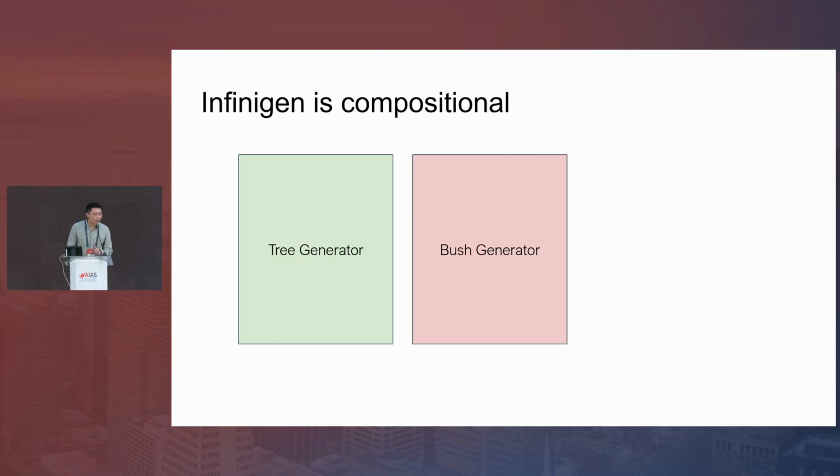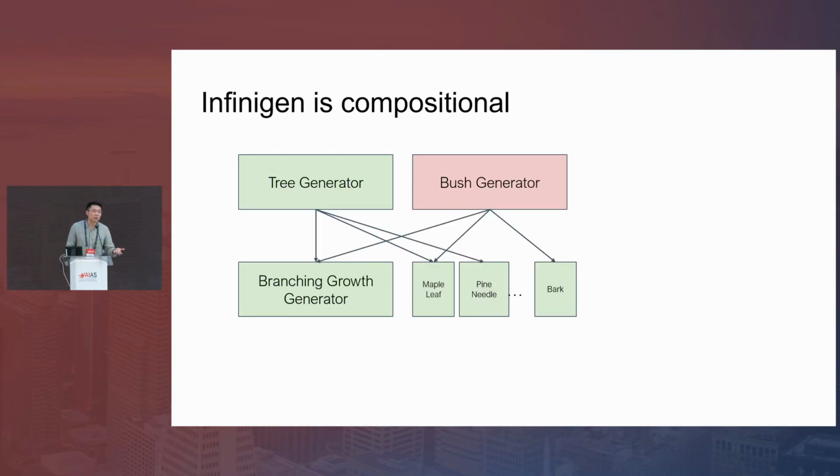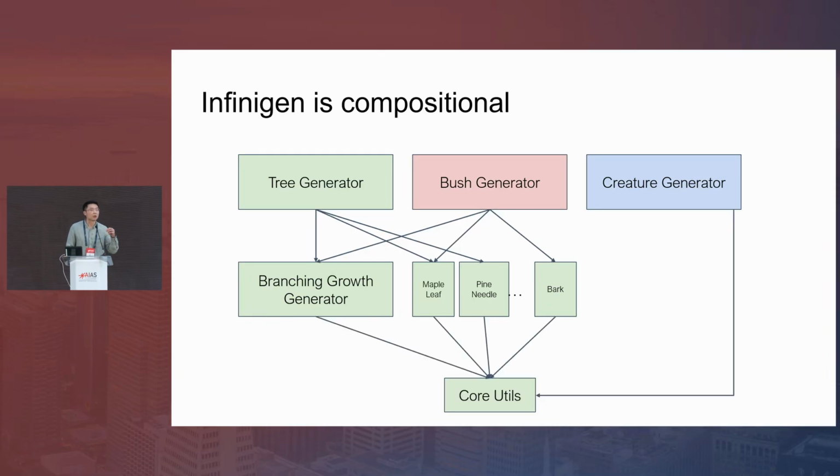For example, the tree generator and bush generator and the creature generator, they actually can share a lot of subcomponents. For example, the branching growth generator can be shared by tree and bush. And if you want to develop a creature generator, it turns out that there are many low-level core utilities that can be shared. And then once you develop a rigging system for creatures, this rigging system can be reused by other existing generators.